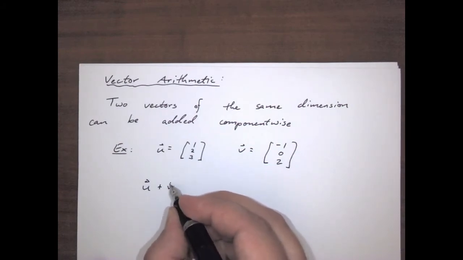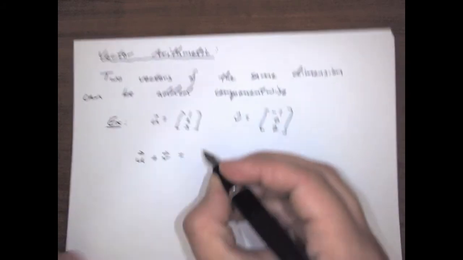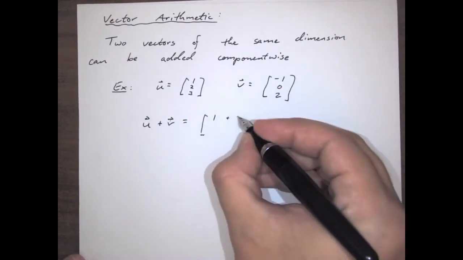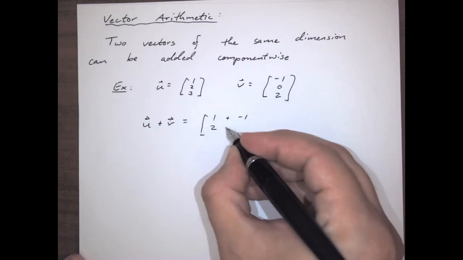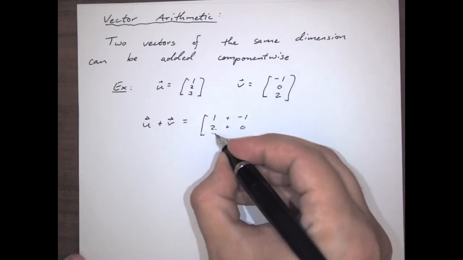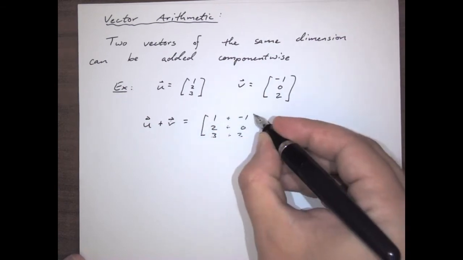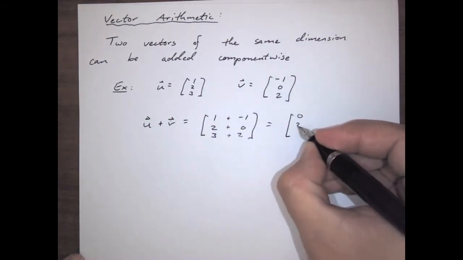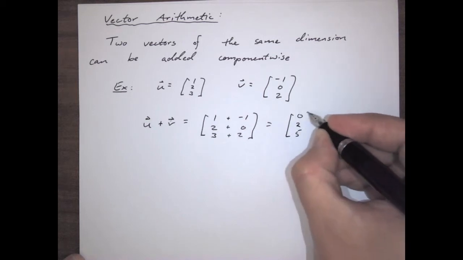So u plus v would then equal 1 plus negative 1, 2 plus 0, 3 plus 2. So in other words, 0, 2, and 5.